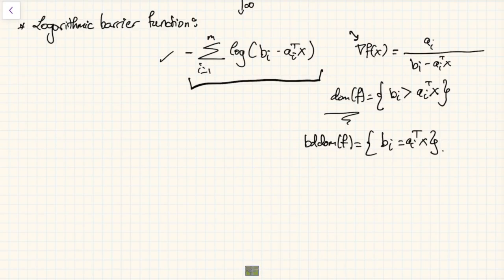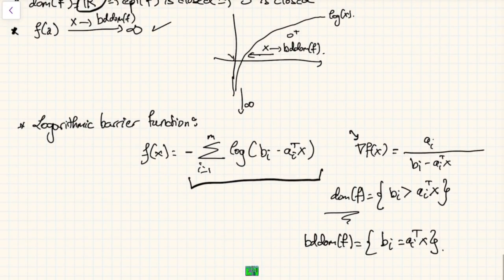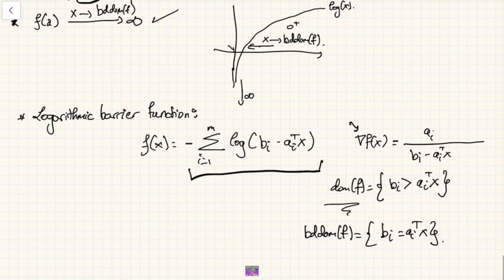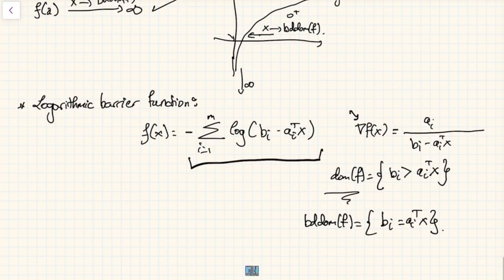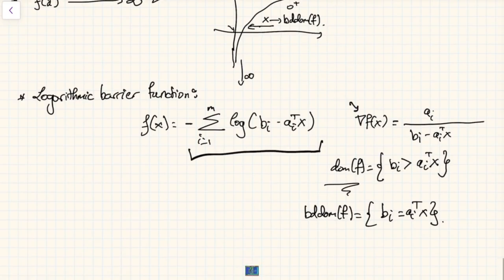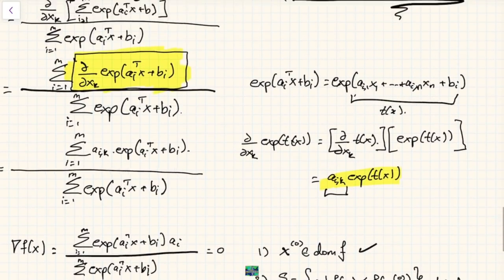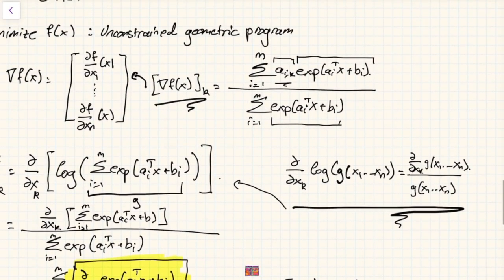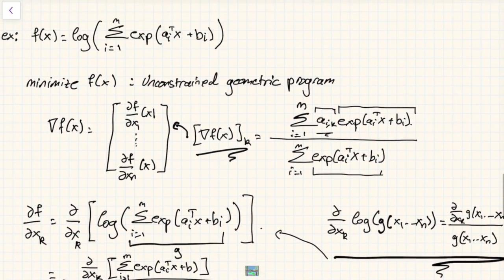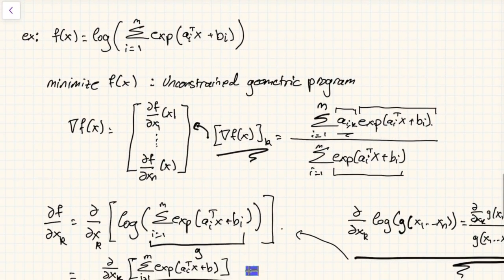This is my f of x, right? f of x will go to infinity, and so this is achieved, and hence we can say that any sublevel set is closed. Okay? Another example is what we were working with right now, which is over here, I think. This log sum of exponential. This guy also enjoys closed sublevel sets.